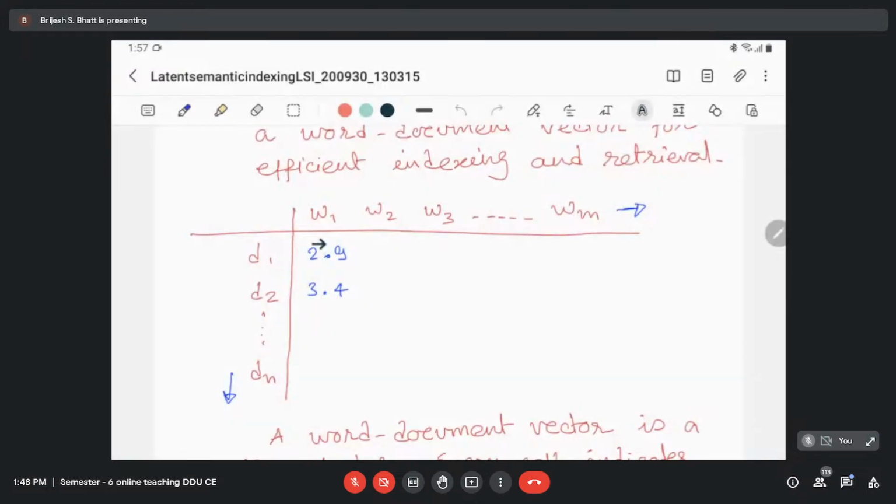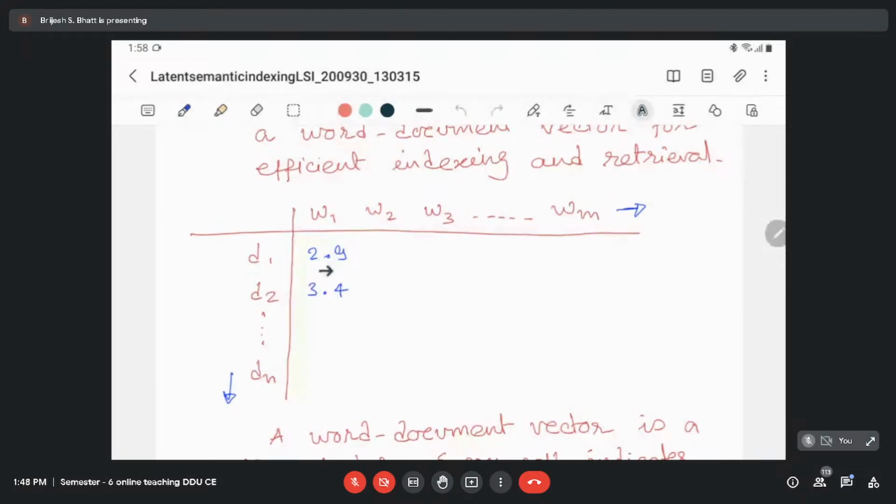So in its simplest form, it can just be a raw count of how many times a word occurs in the document. But it can be much better than that, because we need to normalize, we need to see how important the word is. If a document has 100 words and one word occurs 5 times, then you may want to put 5 by 100.